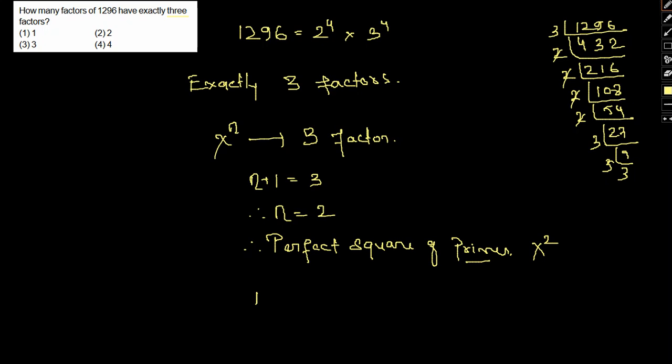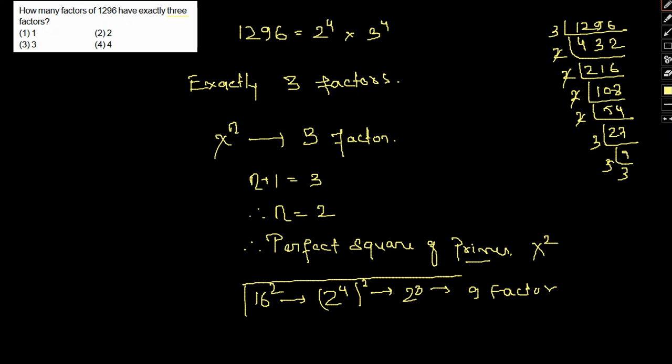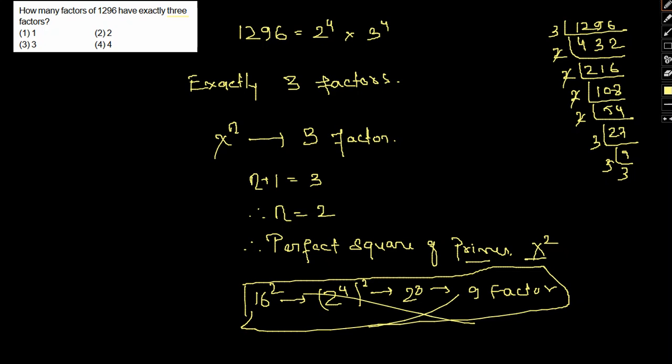Suppose I take a number like 16 squared. This can be written as 2 to the power 4 into 2, or 2 to the power 8, so it will actually have 9 factors. So this condition becomes null and void. We only need the perfect squares of primes.